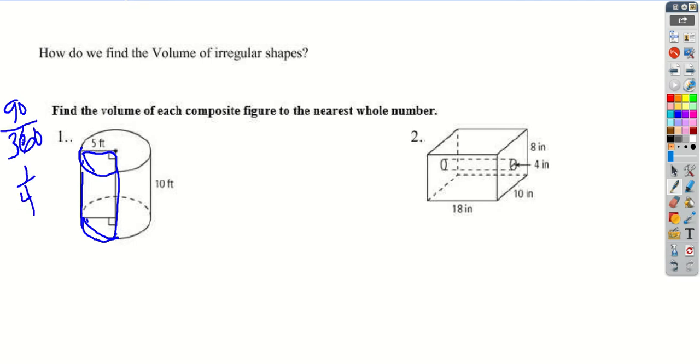So I'm missing 1/4 of my cylinder, which means I have 3/4. So we want to just do 3/4 times the volume of our cylinder.